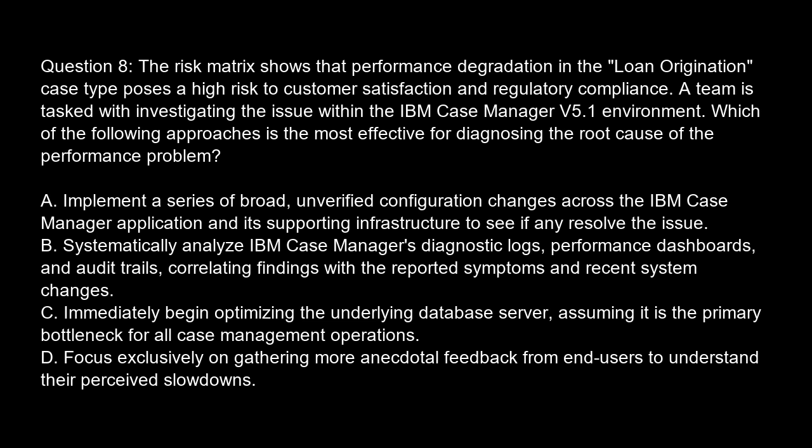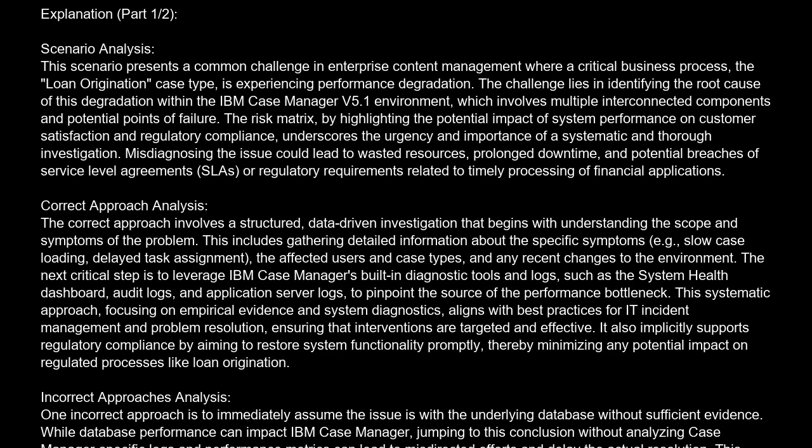Option C. Immediately begin optimizing the underlying database server, assuming it is the primary bottleneck for all case management operations. Option D. Focus exclusively on gathering more anecdotal feedback from end users to understand their perceived slowdowns. The correct answer is C. Immediately begin optimizing the underlying database server, assuming it is the primary bottleneck for all case management operations.